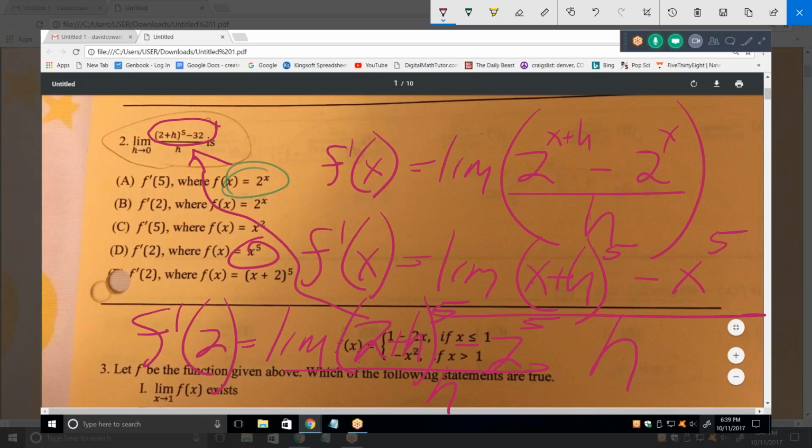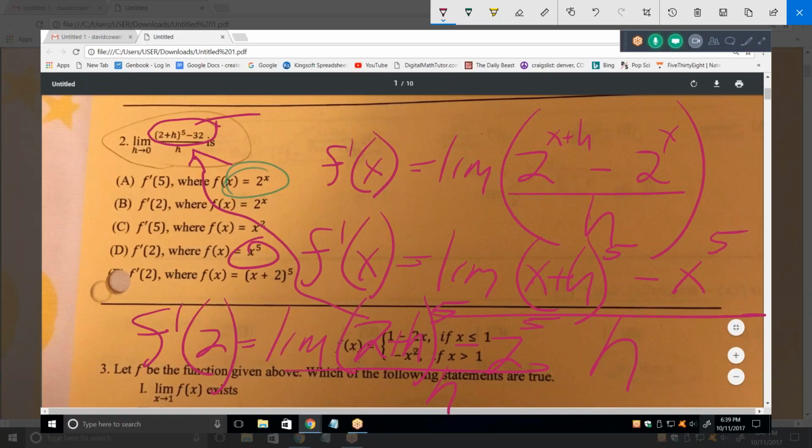So it kind of requires you to be able to work forwards and backwards, which is hard, given that this is fairly hard to work forwards. But they haven't really asked us to work forwards on any of it. In other words, the way I would solve this problem is I would go ahead and expand 2 plus h to the fifth power and then simplify.